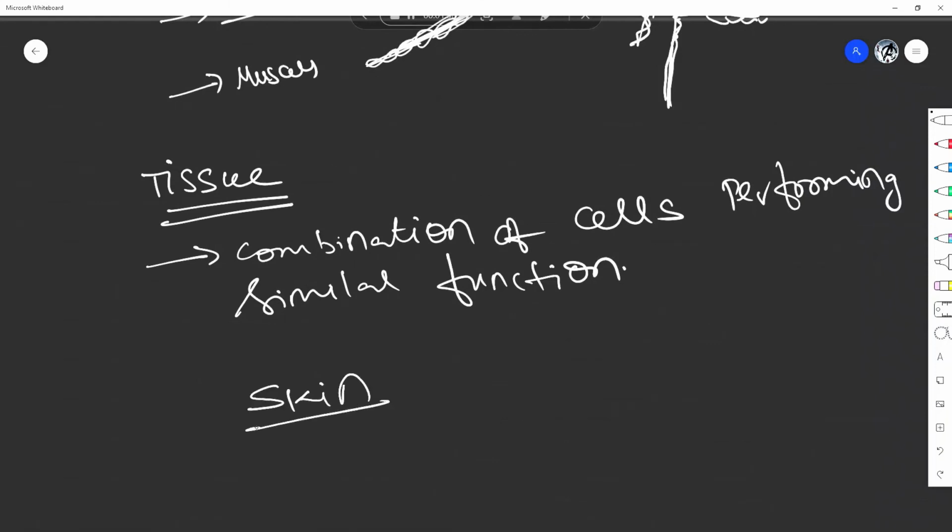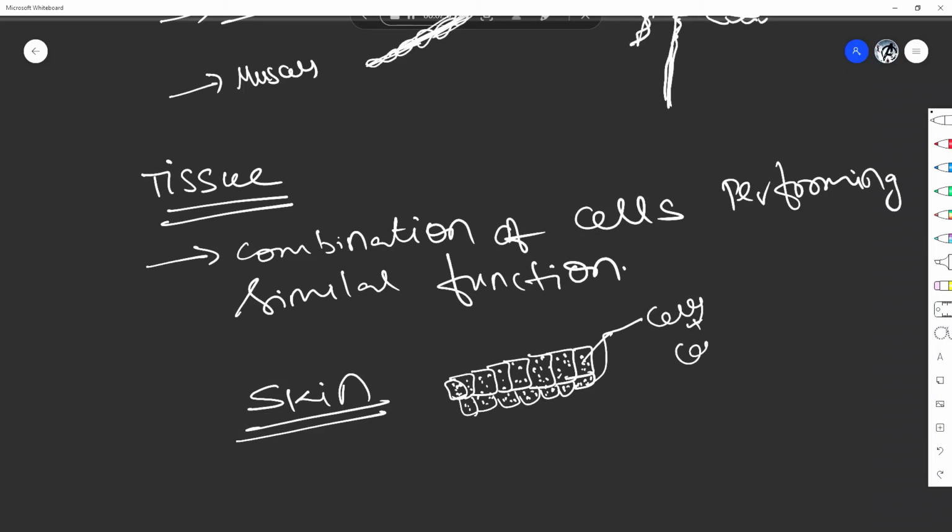Skin is the largest tissue. What is the function of the cells of the skin? To feel. Skin is an organ which senses touch, right? So all the cells in the skin will do a similar function. They will sense the touch. You can feel an object only by touching it, right? So all the cells in the skin will combine to form tissue. That's it.